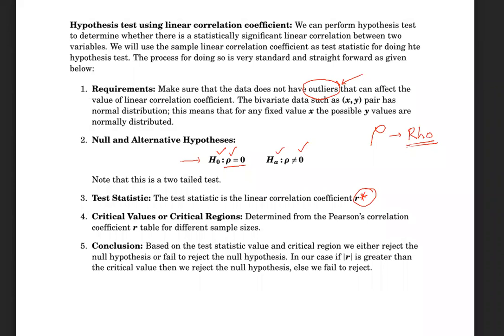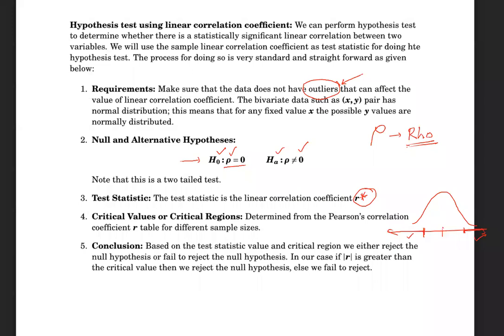And in the next step, you find the critical values and regions, right? Remember how in the normal distribution case, using the central limit theorem, we found the critical regions. If it's to the left or to the right, or if we do a one tail test, left tail, right tail, or both tails, we found the critical regions, right?